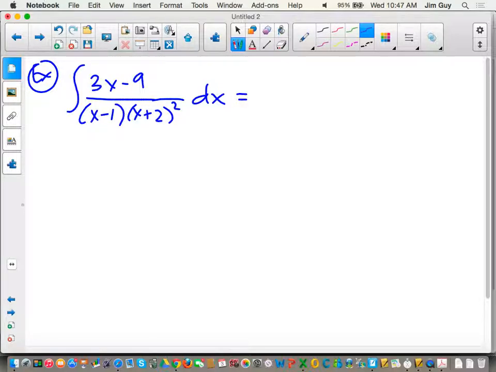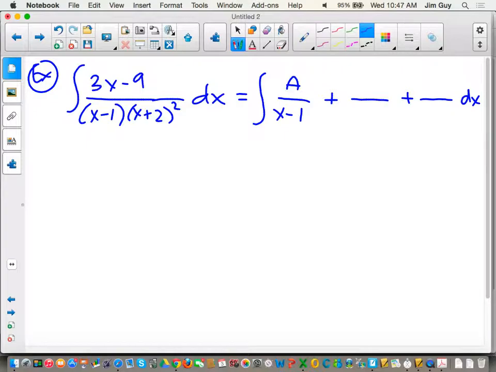Now, here's the deal. When you have a multiple root like this, or multiple factor, I guess would be a better way of looking at it, it's a little unique on how you have to set this up. First, we have an x minus 1 here. We'll use A to go above that.